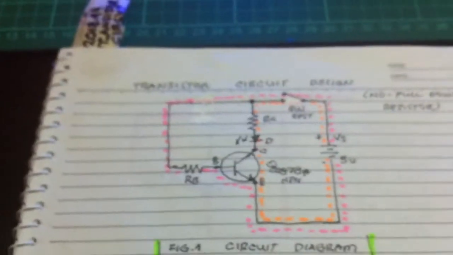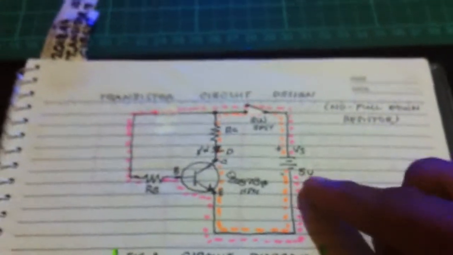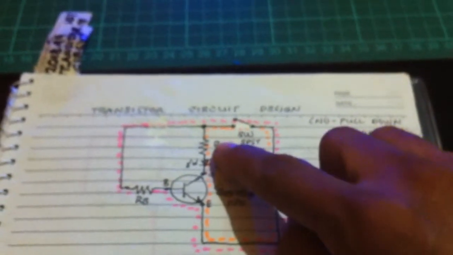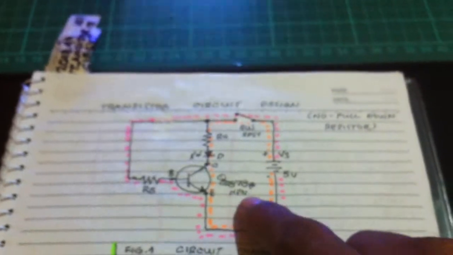This is a transistor circuit design, no pull down resistor. And this is the circuit diagram of this circuit. We have 5-volt supply, switch, single pole, single throw, resistor, LED, transistor C2878 NPN, and then a resistor in the base.